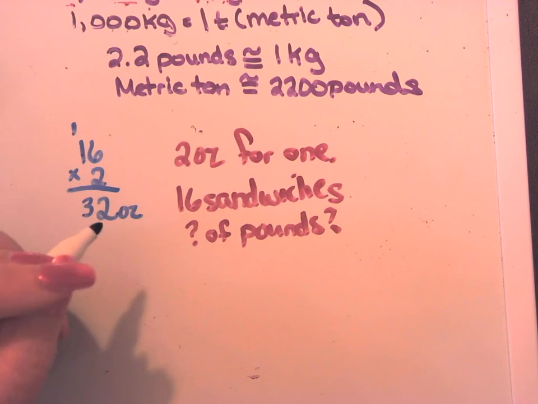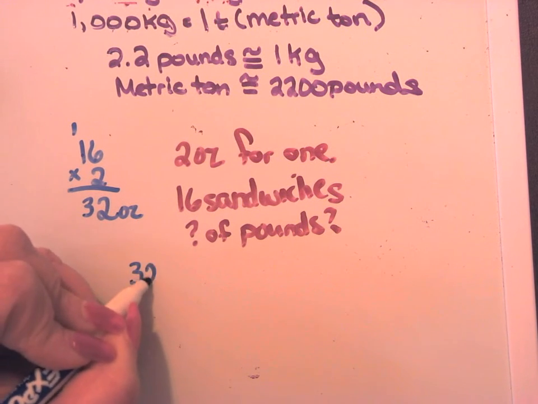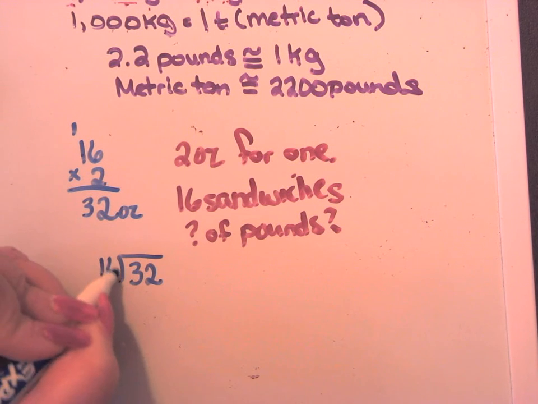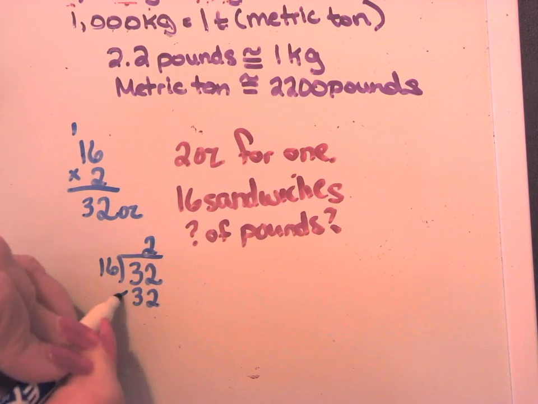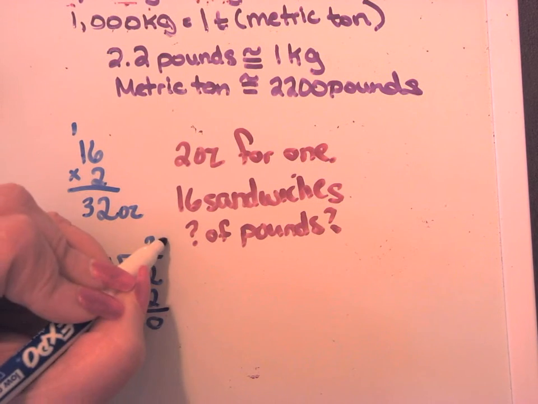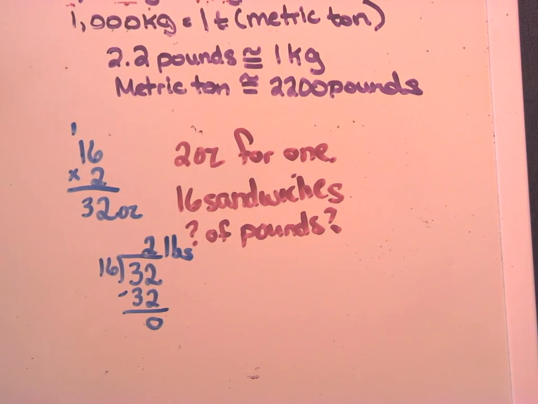And it says there's 16 ounces in a pound. So I want to know how many 16s I can get out of that 32. And that's actually 2, and we'll get 0, so I use 2 pounds of cheese in that one. So we have to look at first finding the ounces and then finding the pounds of cheese.